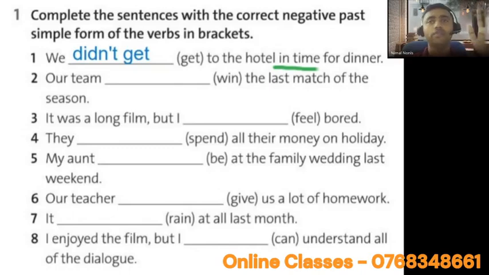By 7:55, by 7:50, maybe by 7:45, you are in the class. So you can say I was in the class in time. If it is an online class, you can say I logged into the class in time. I joined the class in time. So in time is before the scheduled time. If it is at 8 o'clock, before 8 o'clock, you have gone to the class in time.